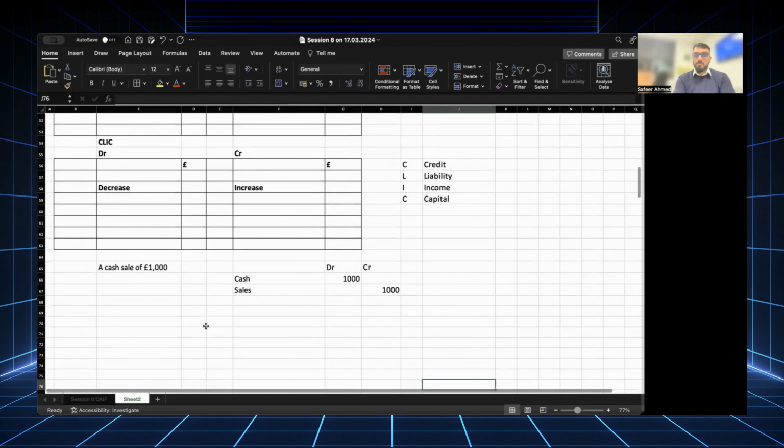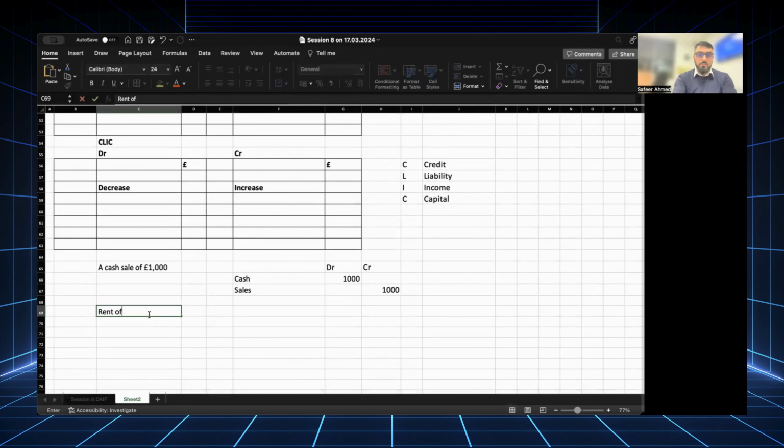So if we take another example, let's suppose that rent of £2,000 is paid by bank. Now, which two accounts first of all? Rent and bank. Now, rent is an expense, remember? So if rent is paid, then this is an increase in rent and an increase in expense.